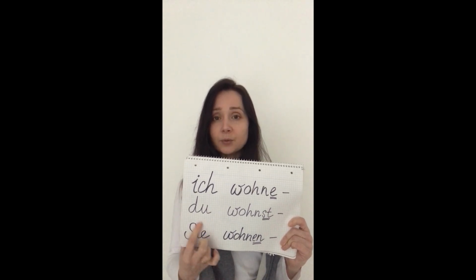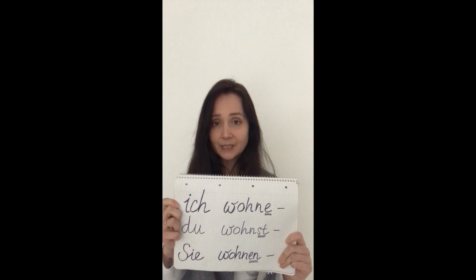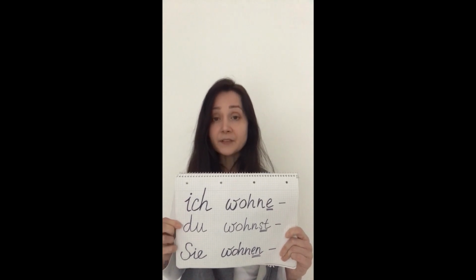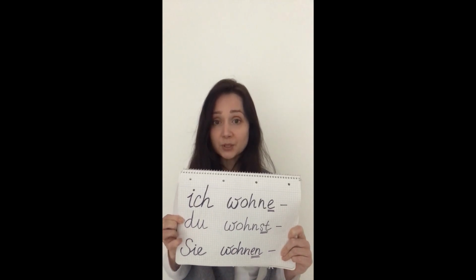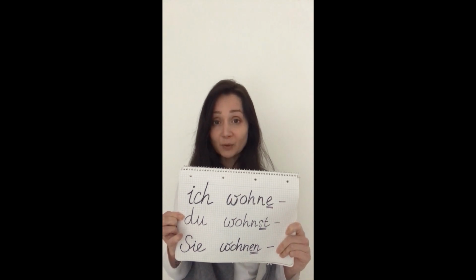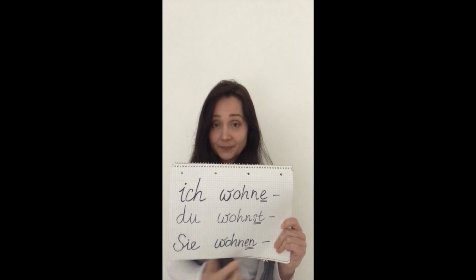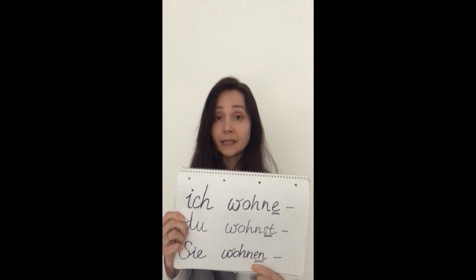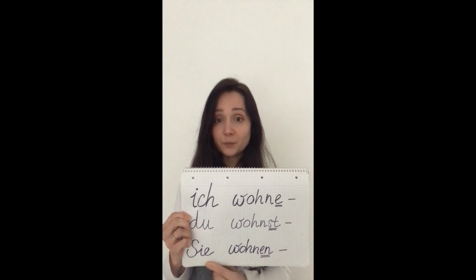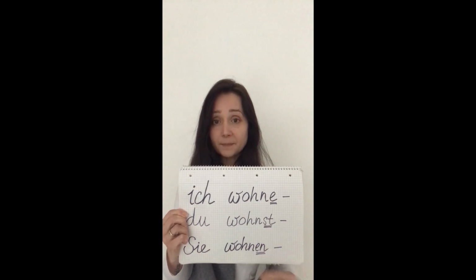You have to use Sie. And if it's friend or family, you can use du. It's the informal way. Sie wohnen. Here, en at the end. Very important for Sie. Okay?